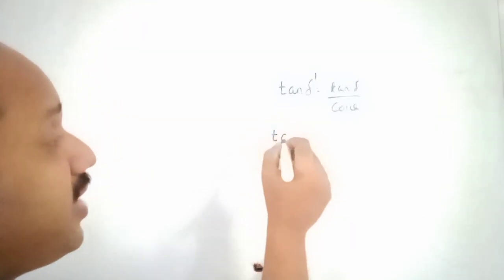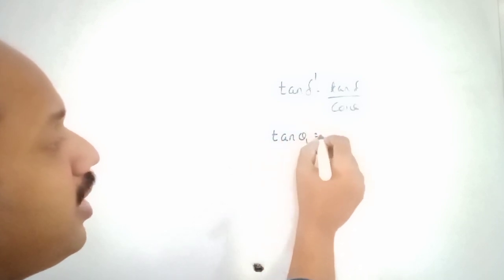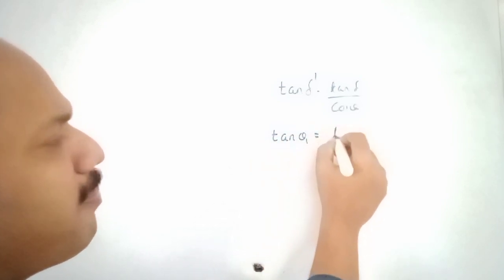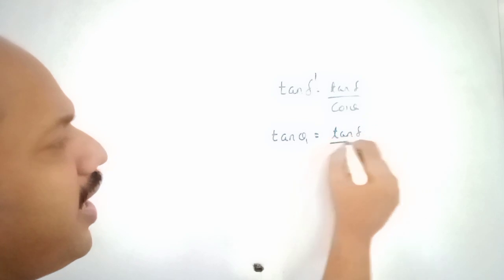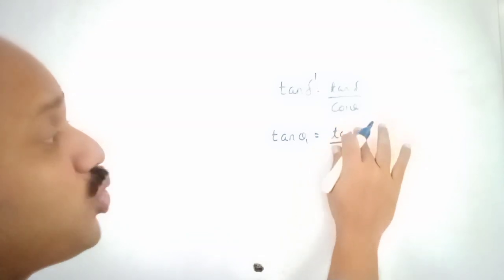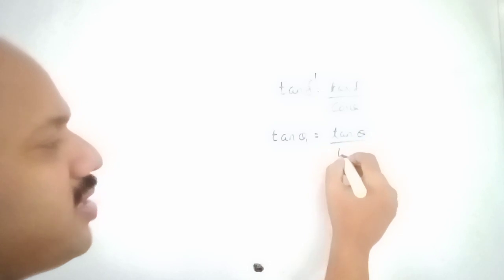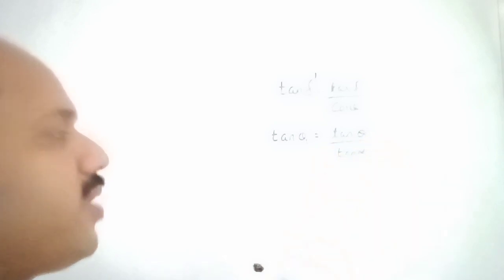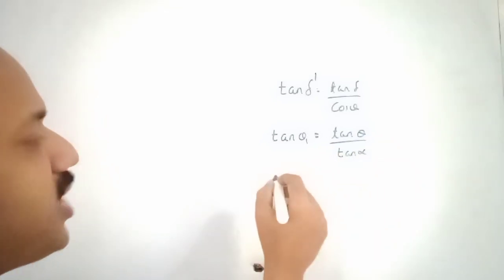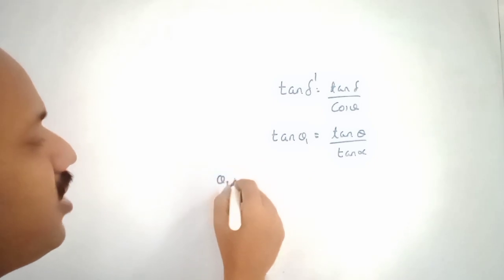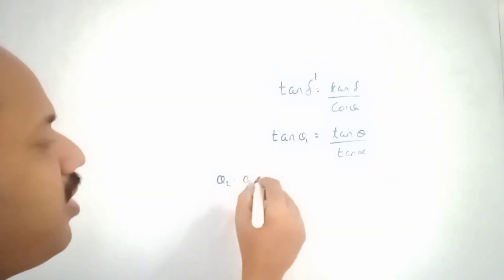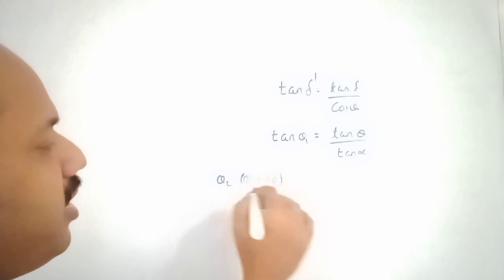Apparent dip is given as theta 1, and real dip you can take as delta, and instead of theta, I'm going to take it as alpha. Next one is at right angle, therefore theta 2 is equal to theta 1 plus 90 or theta 1 minus 90, anything you can take.